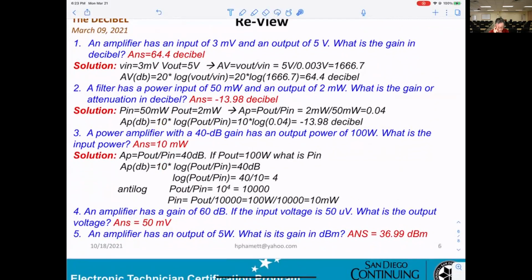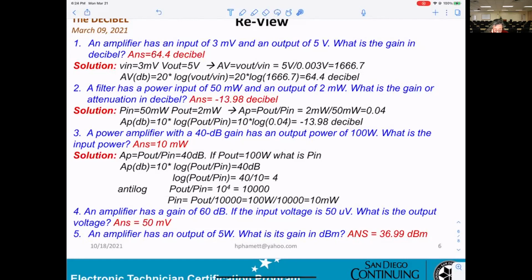Okay? Do you have any question with that? If not, do number 4 and number 5 for me. Quickly, to see if you can get the right answer like I gave it to you. Number 4, an amplifier has a gain of 60 dB.